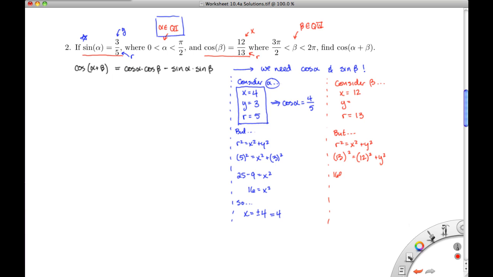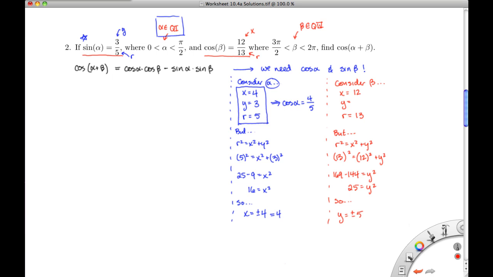So 169, and then we subtract 12 squared, or 144 from both sides, and that's equal to y squared. So that's going to be 25 is equal to y squared. So we take the square root of both sides, and we get y is equal to plus or minus 5.